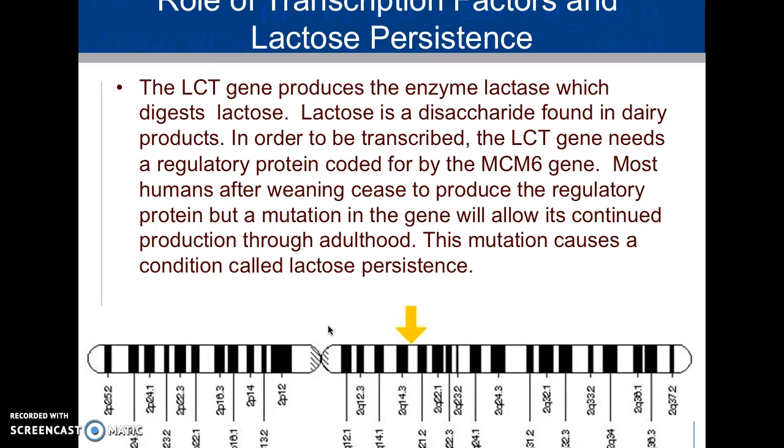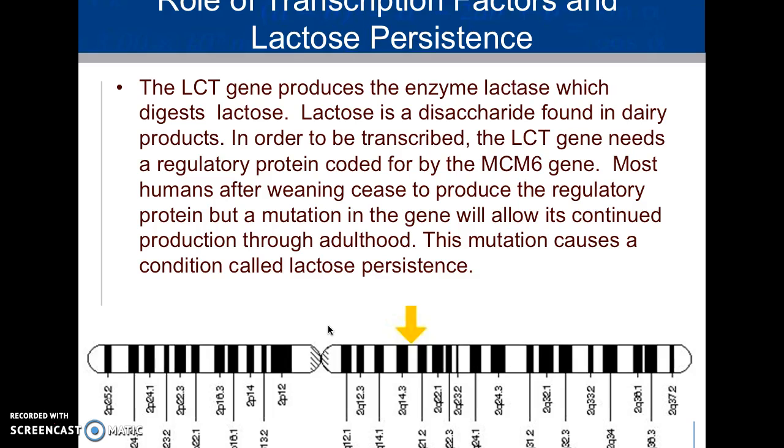In the lac operon, or the genes, we talk about operons with prokaryotic cells mostly. The LCT gene produces the enzyme lactase, which digests lactose. So keep in mind that we talked about this with prokaryotic cells. It is totally different in eukaryotic cells. The lac operon is only present in prokaryotic cells.